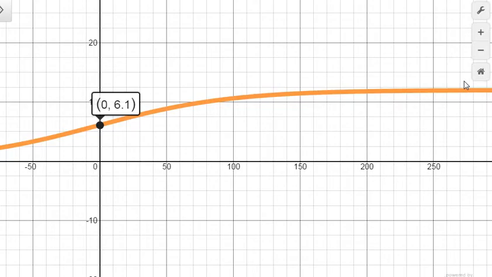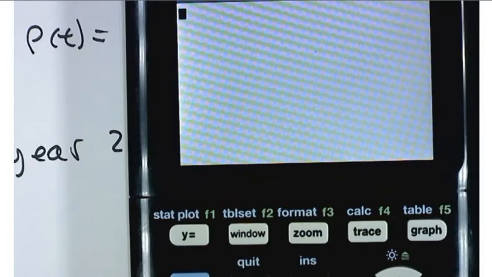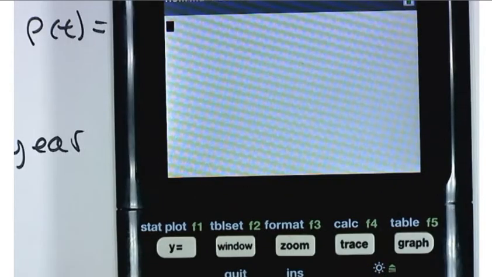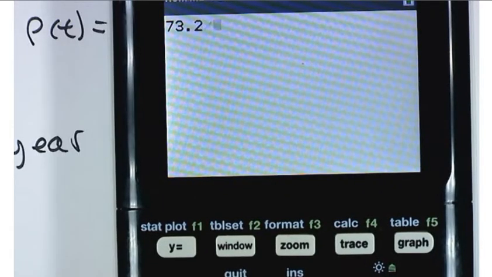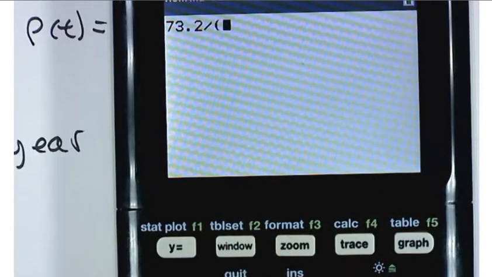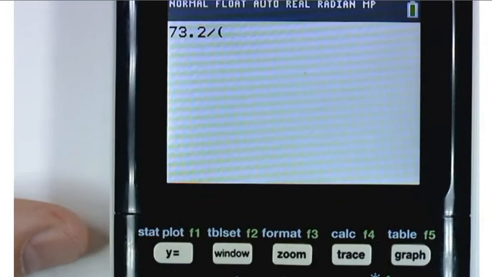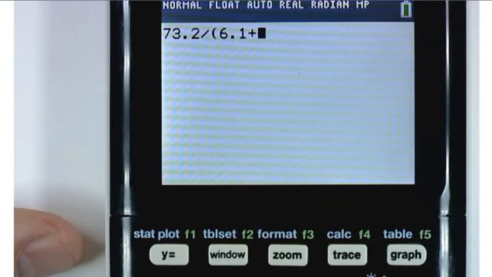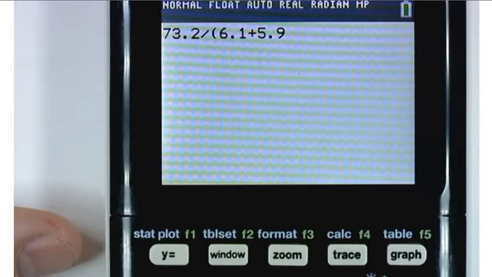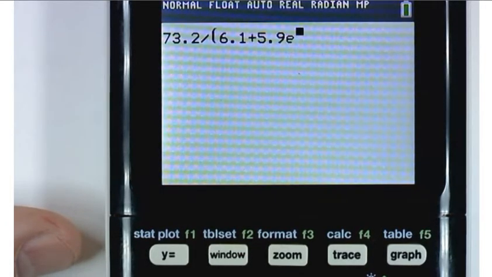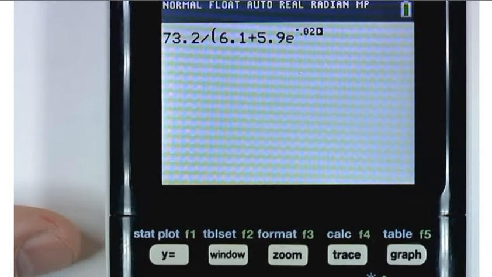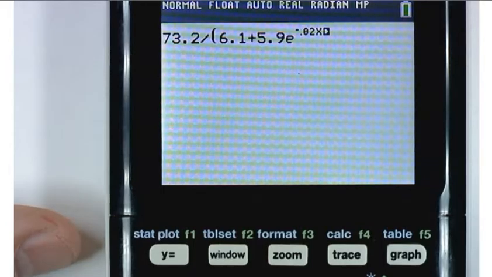As you do this on your calculator, make sure that you're careful with the parentheses if you're using them. So 73.2 divided by left parenthesis 6.1 plus 5.9 e to the negative 0.02 times 100.